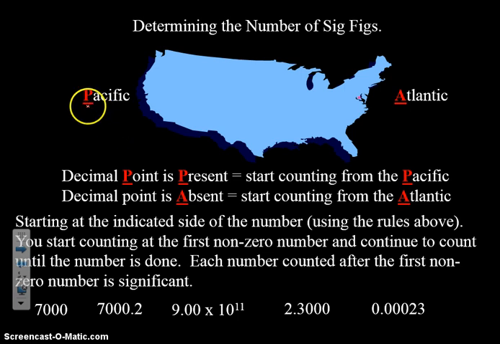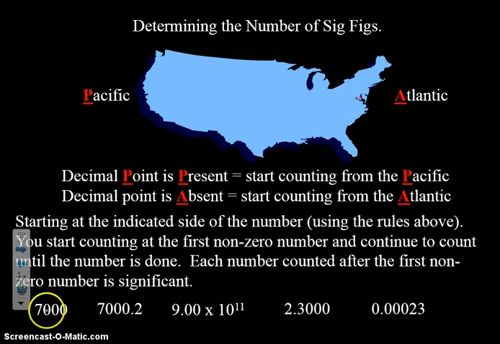If the decimal point is present, we start counting on this side of the number. If the decimal point is absent, we're going to start counting on the Atlantic side of the number. Either way, when you start counting, you start at the first non-zero number and continue to count until the number is done. Each number counted after the first non-zero is significant.